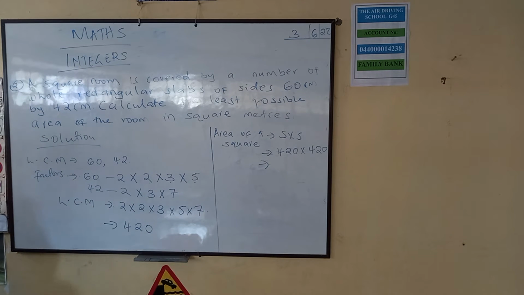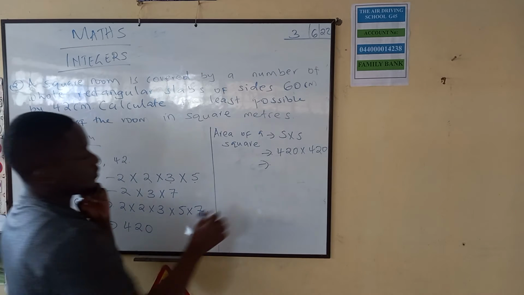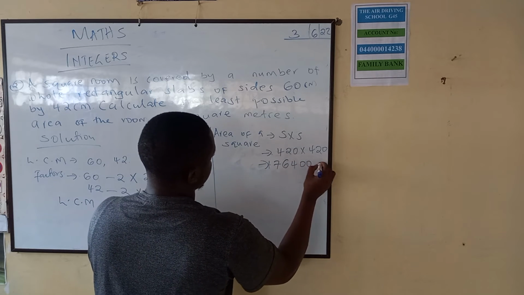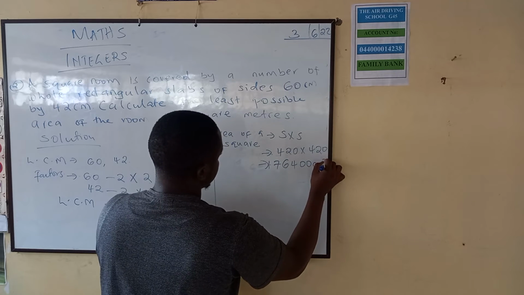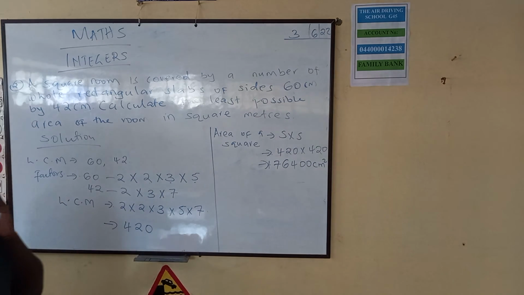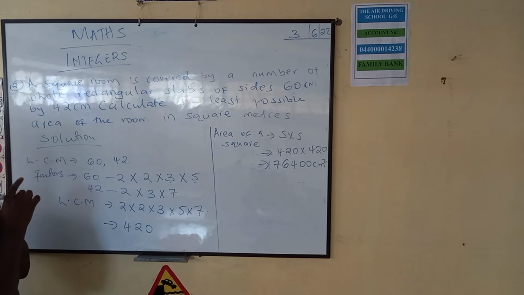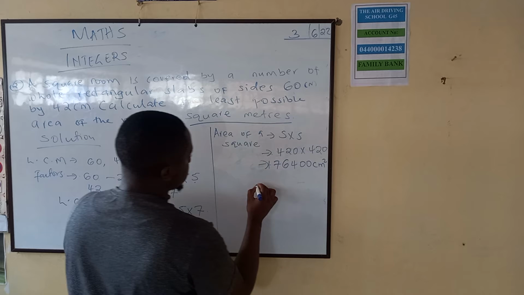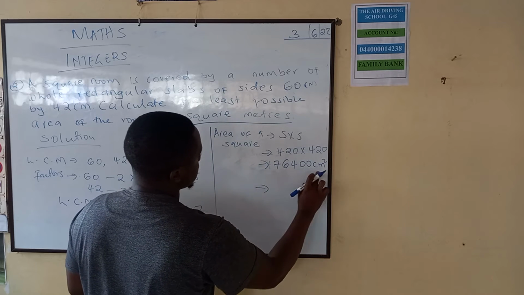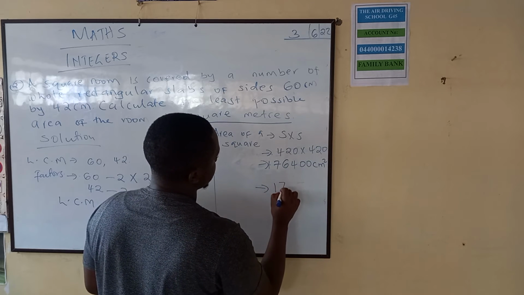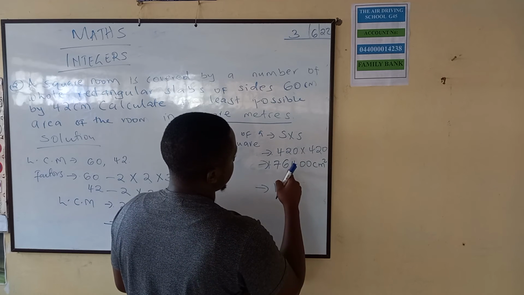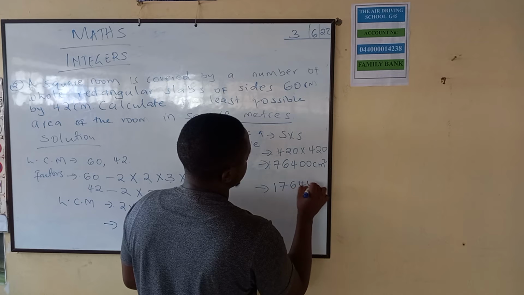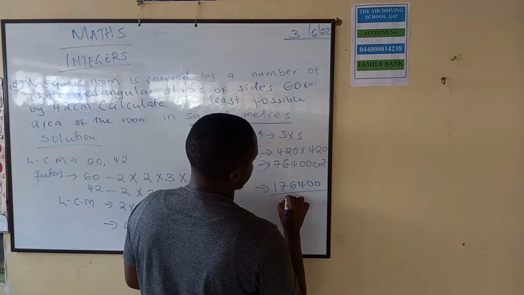Multiplying that, what do you get? You get 176,400, but in centimeters squared. But the question wants the answer in square meters. So we change this into square meters by dividing by 10,000.